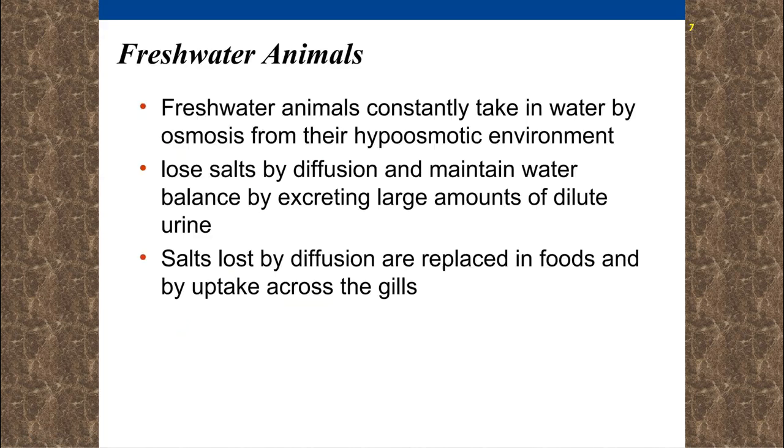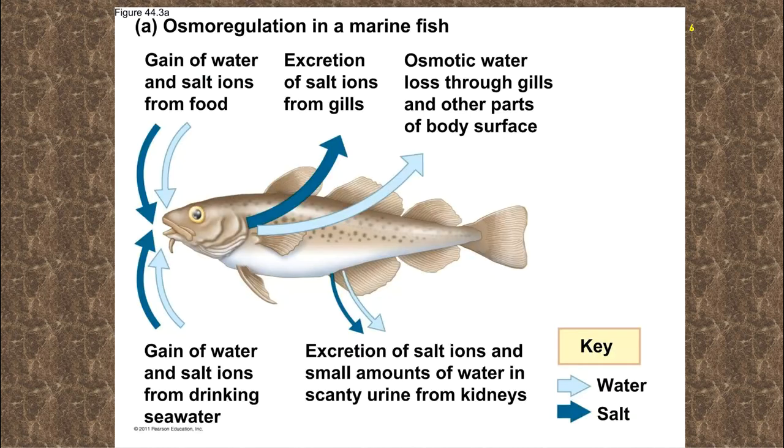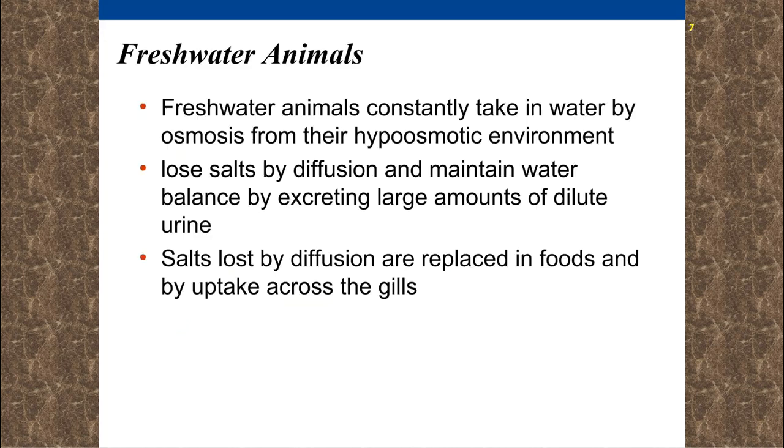For freshwater animals, there is always the opposite action. In the marine fish, there is gain of water and salt ions from the food, excretion of salt ions and osmotic water through gills, and excretion of salt ions and a small amount of water in the urine of the kidneys.